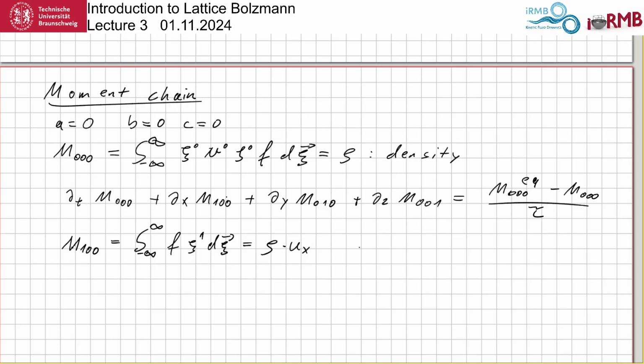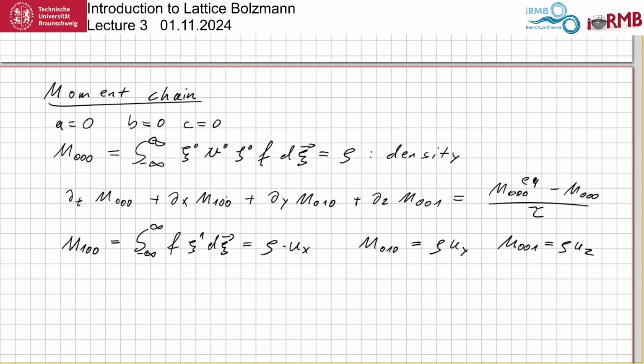And equivalently, we'll have m_010 is then rho u_y, and m_001 is rho u_z. Anybody, did I lose anybody with this? No, okay.